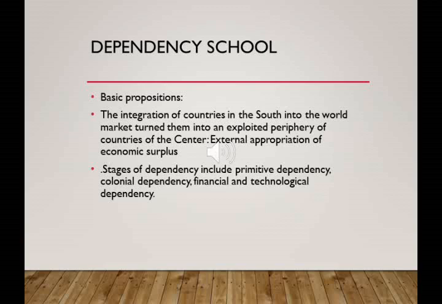Therefore, even when these countries embark on industrialization, they continue to be dependent because the sources of finance and technology are within countries of the center. And, as we are going to explain later, this is a cause of the indebtedness problem in countries of the South.